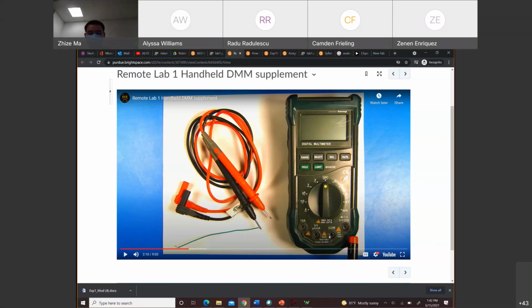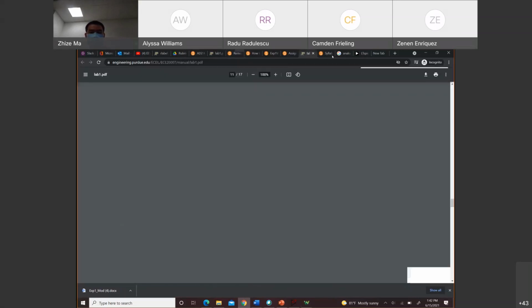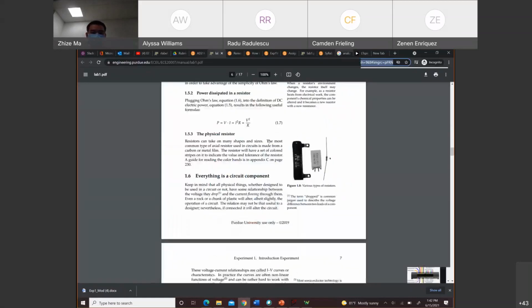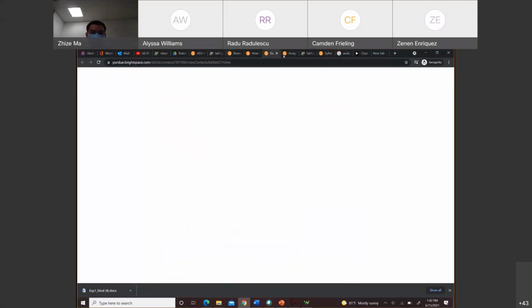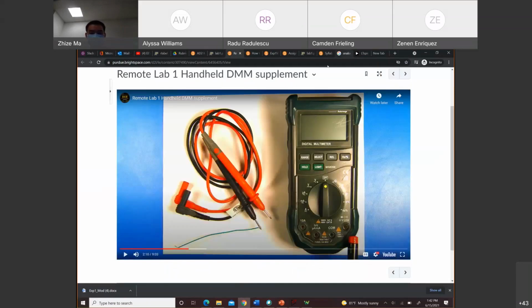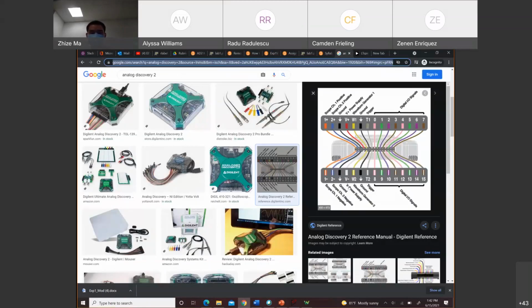So you need to connect this pin to the voltage supply, which comes from V plus. When you have positive 3 volt, you will use V plus. And when you measure negative 3 volt, you will connect the pin here to the negative power supply, which is V minus.